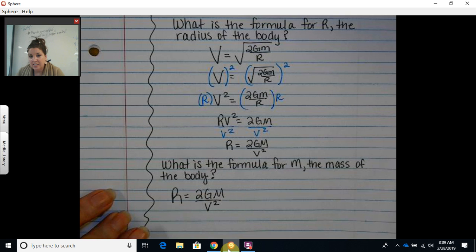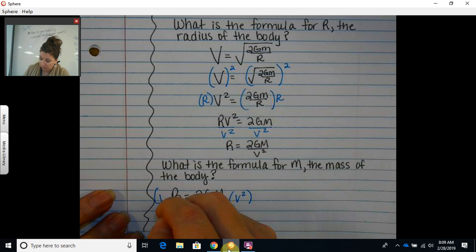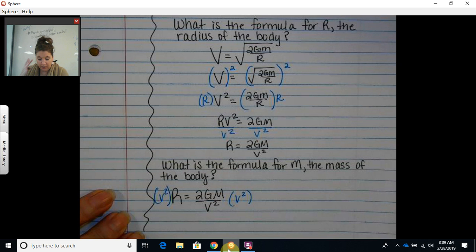So in this example, we're solving for the mass, which is m. We don't have a radical, but we do have a fraction that we could clear by multiplying by the least common denominator of what? V squared. So v squared r equals, my v squareds cancel, and I have 2gm.